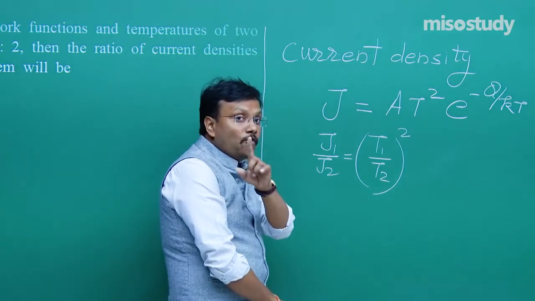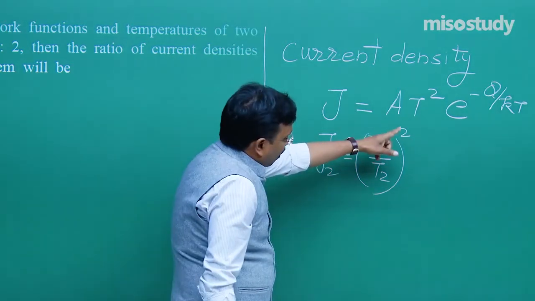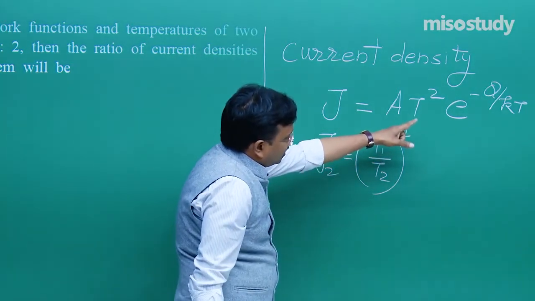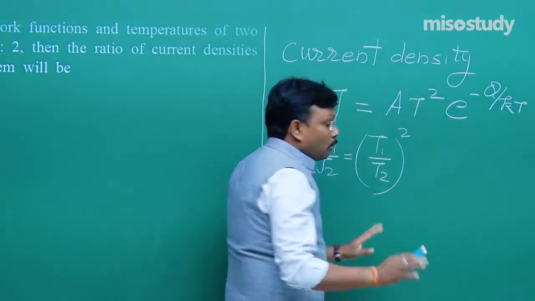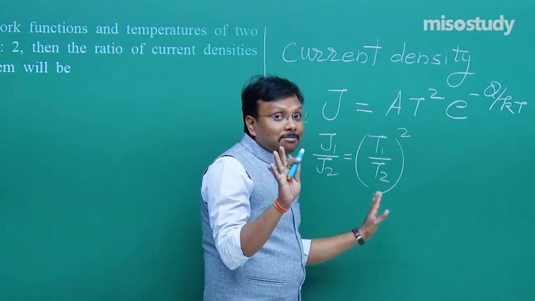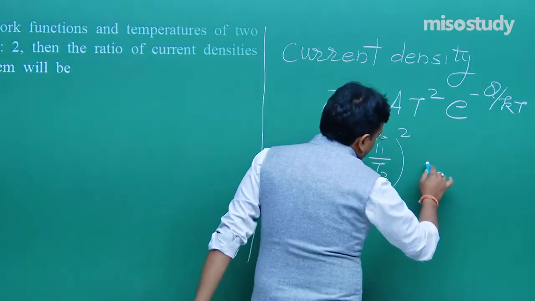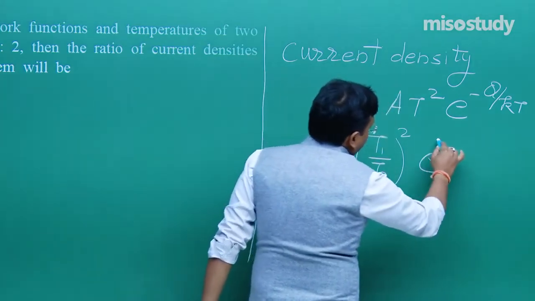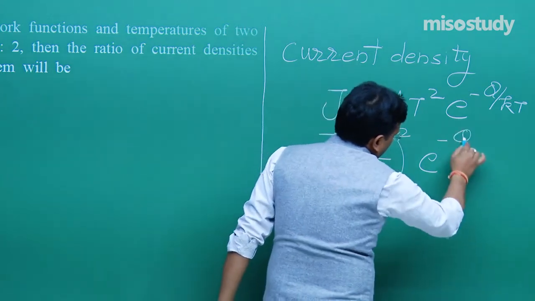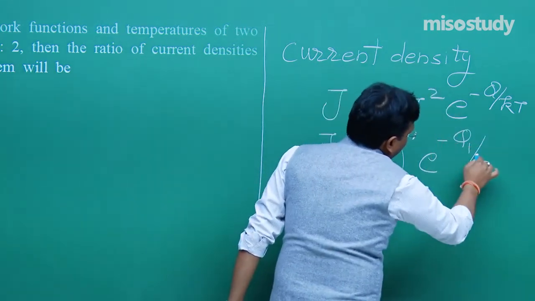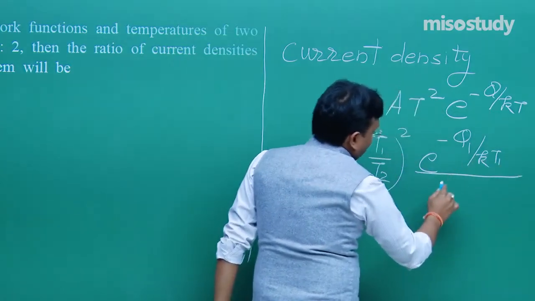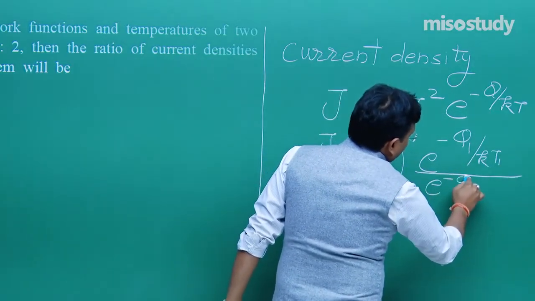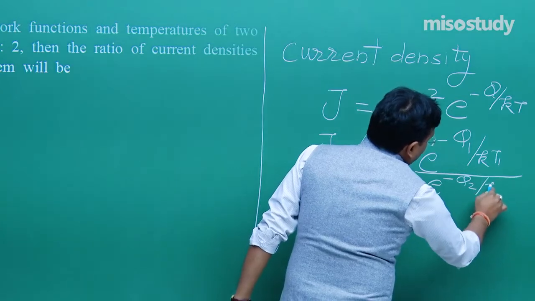In general, who will produce the problem? The problem will be produced by this exponential term. Reason, you can't cancel this term. Why? Because then it's e to the power minus phi 1 upon KT1 over e to the power minus phi 2 upon KT2.